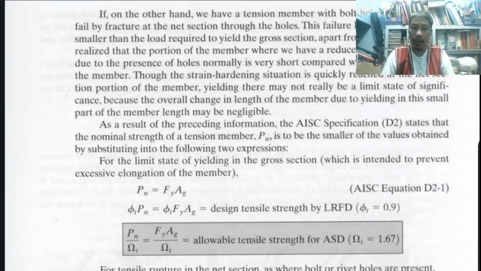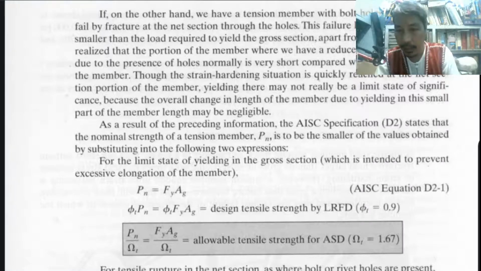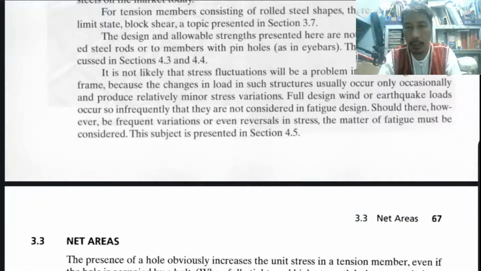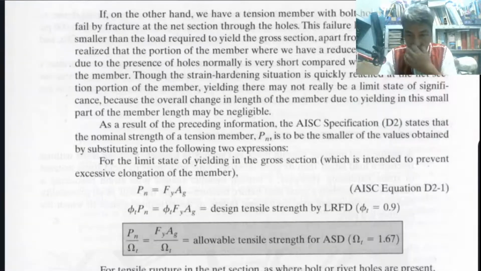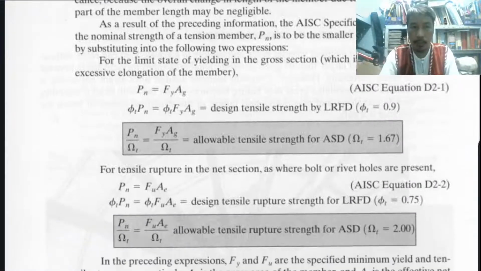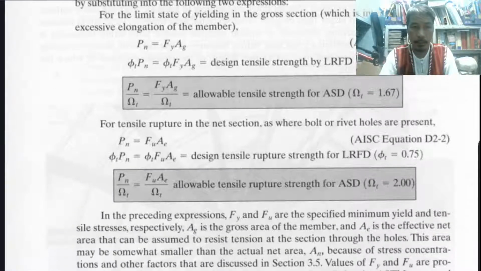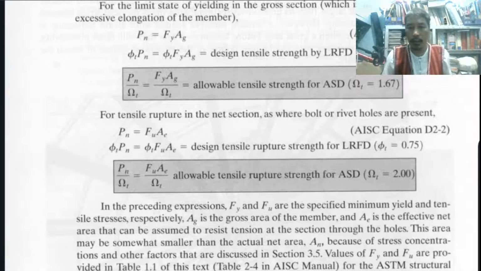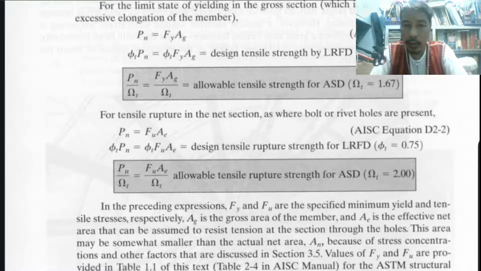So this time, we are now using effective area. I will move the equations up. So we have two sets of equations. The second one is equation D2-2. Again, Pn is equal to ultimate strength multiplied by effective area.